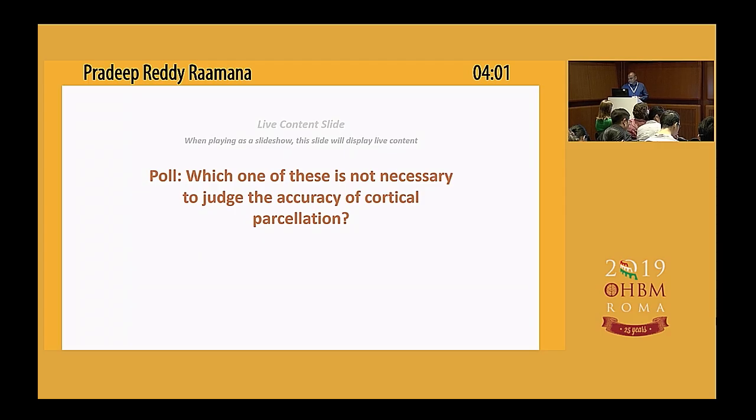Which one of these is not necessary to judge the accuracy of cortical parcellation? Tricky question, I guess.